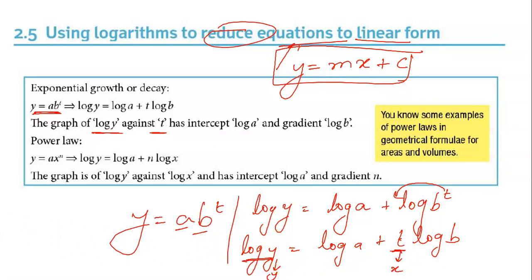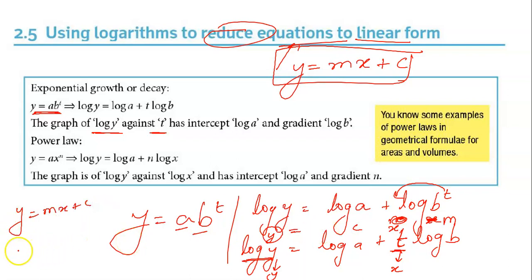You will have y equals to mx plus c. This becomes m and this becomes x, as we have already taken this as x-axis, plus c. Y equals to mx plus c.